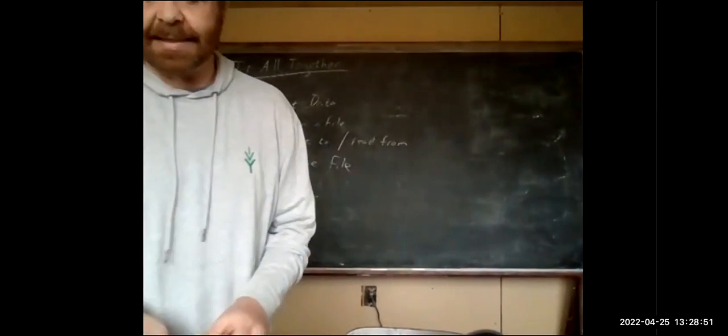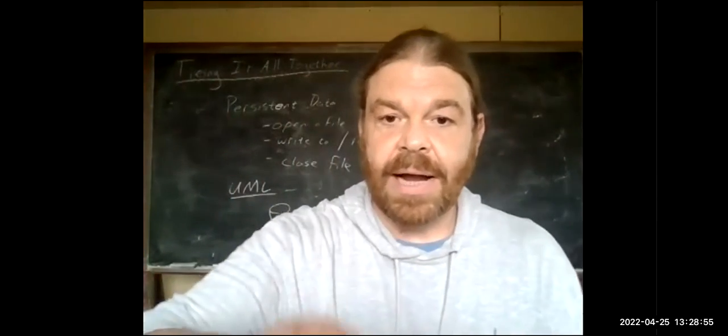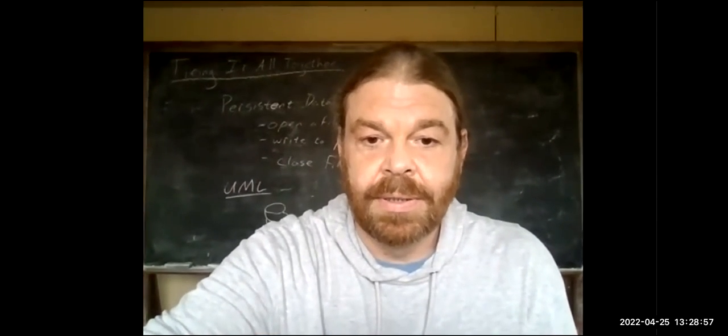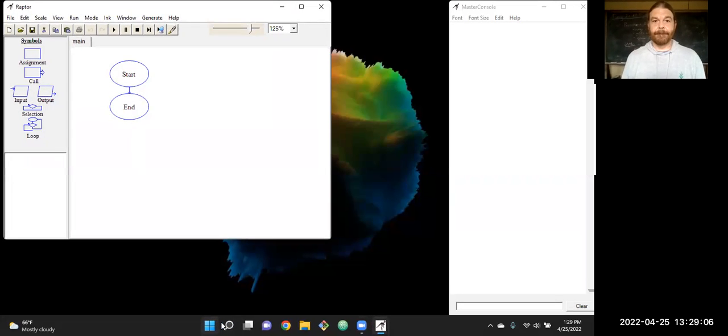So a quick pass at the basic syntax on how we'll do that in Raptor, and then we'll get into our example for today. So I'm going to do another trivial example.